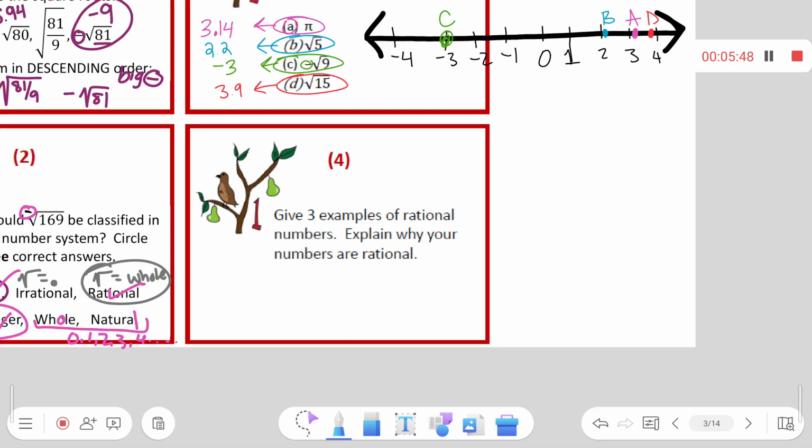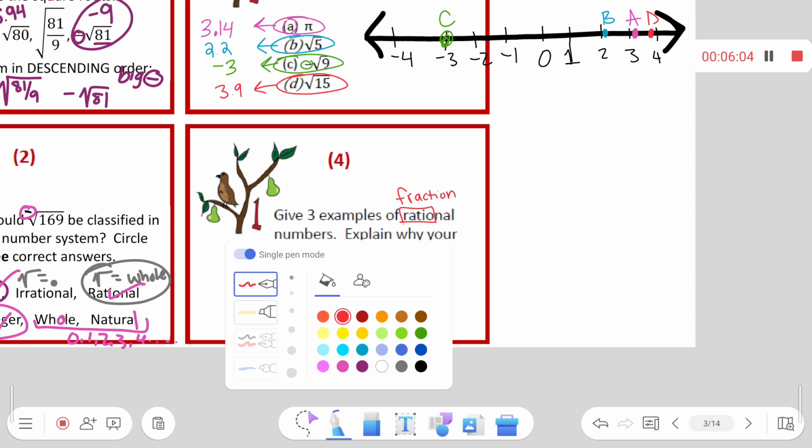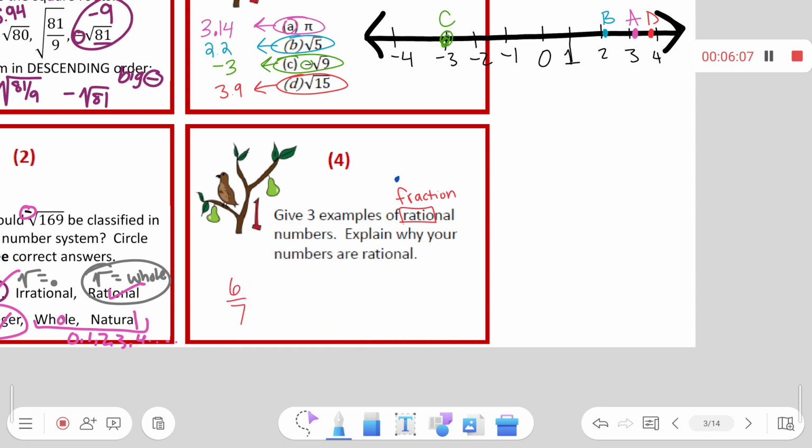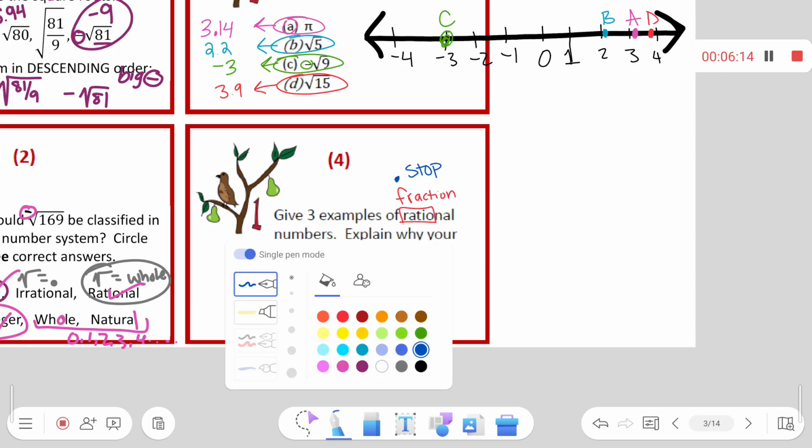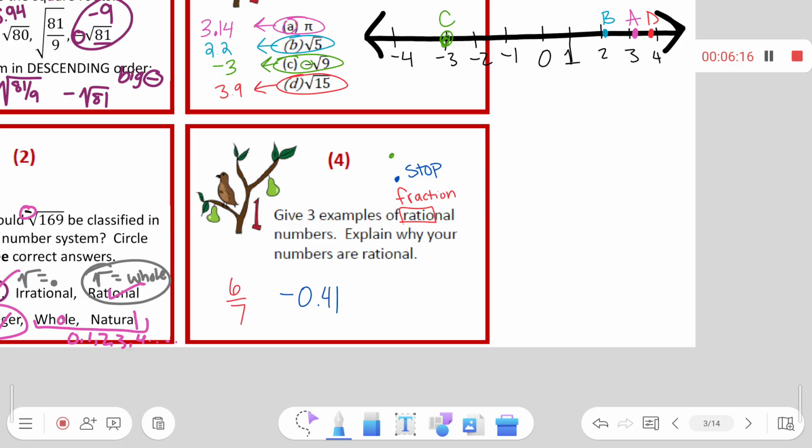And then number 4, we wanted 3 examples of rational numbers. Remember rational comes from the word ratio, which means fraction. So any fraction is going to be rational. We've got something like 6 over 7, 6 sevenths, or decimals that stop, like negative 0.41, or decimals that repeat, like 6.6 repeating.